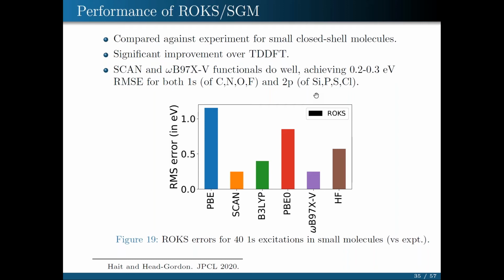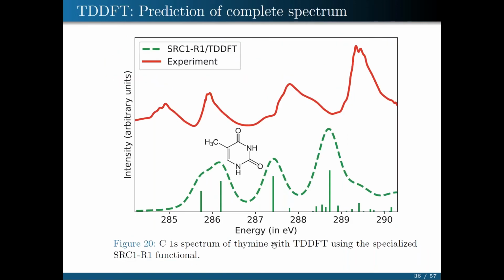However, I've only talked of energies so far. How about a complete spectrum? To do that, let's first take a step back and look at what would be the previous state of the art, which would be the specially trained short-range corrected SRC1R1 functional, which was trained to have much smaller error than the 10 eV errors that I had shown before with TDDFT.